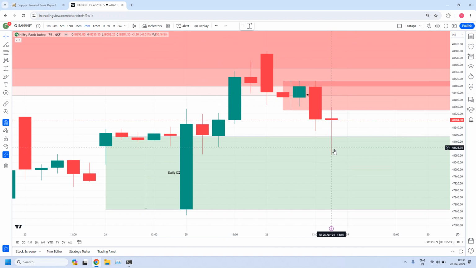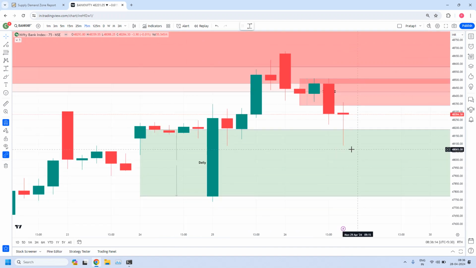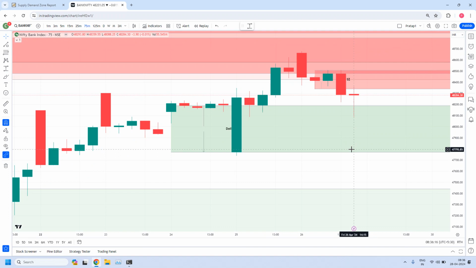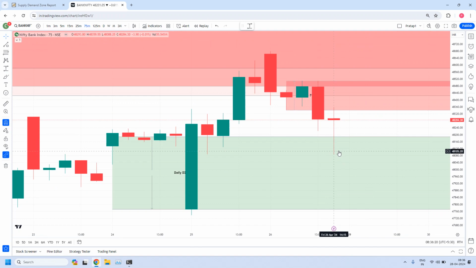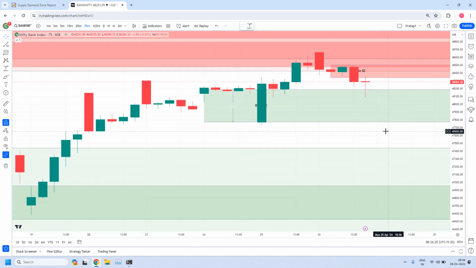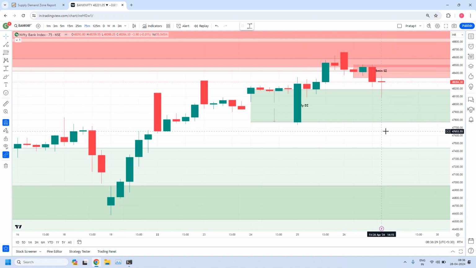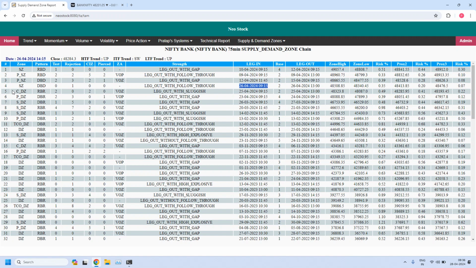That's why there is a push. There is a big rejection from here. Here also there is a rejection. So that we will understand once we get into lower time frame. What is the reason behind both these rejections, upper side as well as the lower side. So this is about the supply zone.